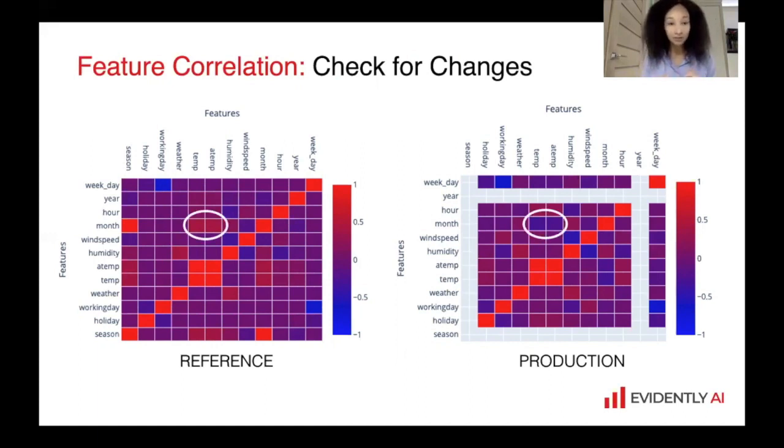And you can easily, okay, not that easily, but you can see that the correlation between month and feels-like temperature was positive during training, and it gets negative during production. And this is exactly the signal we want to catch from this correlation analysis.